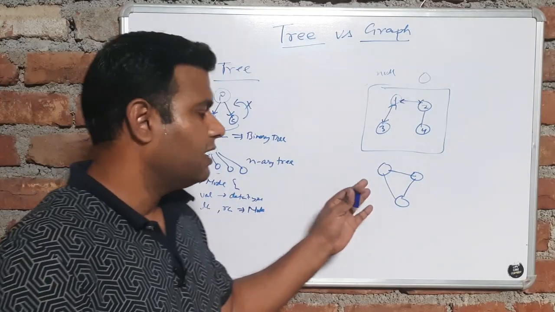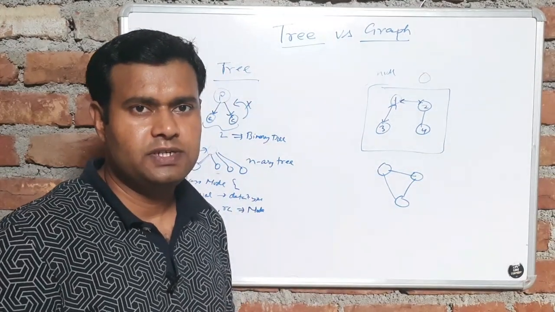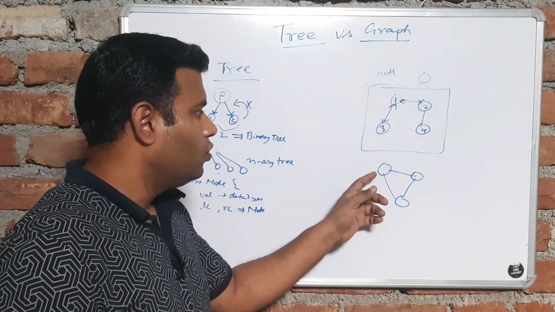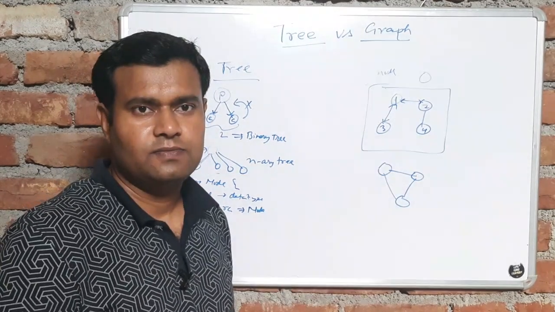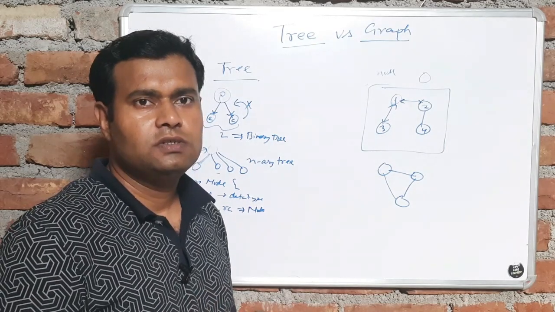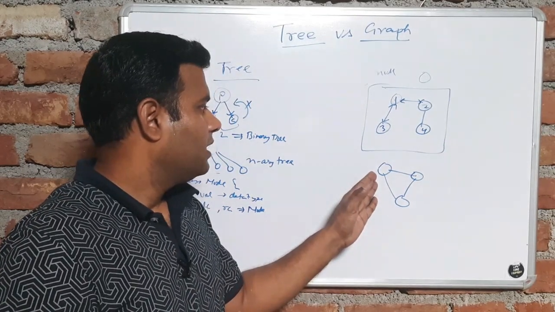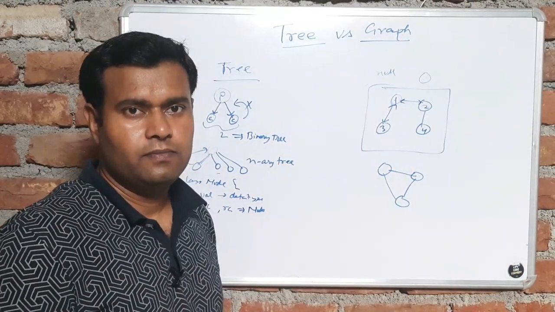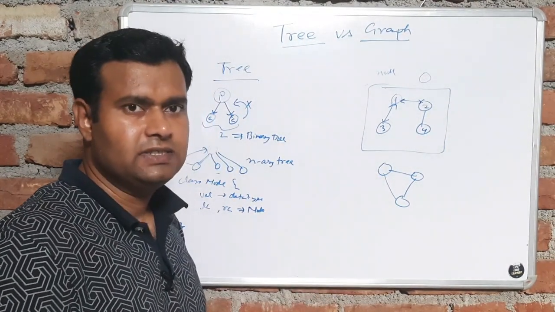Now let's take a look at the graph, how graphs are represented. As we have discussed, there are nodes and there are edges. Nodes can be n number, whereas edges can also be many. Even there can be multiple edges in a graph.